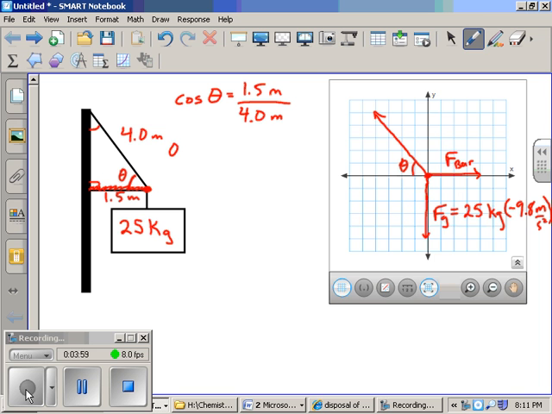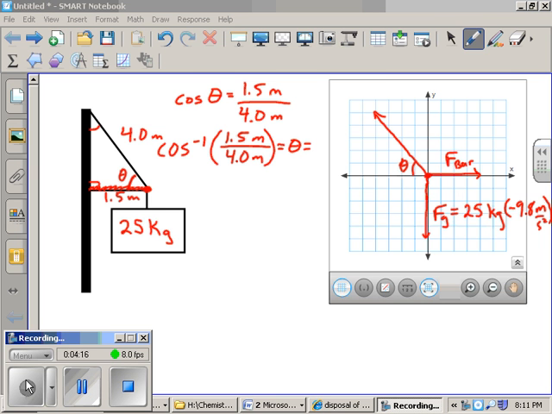That means the inverse cosine of that is going to equal theta, which I calculate as 67.9756 degrees. And for simplicity's sake, let's go ahead and call that 68 degrees.